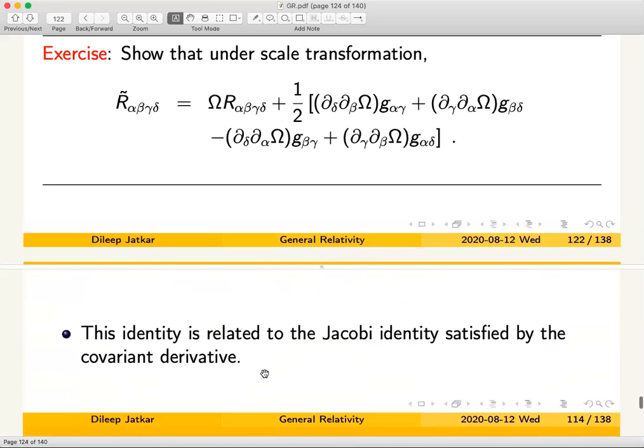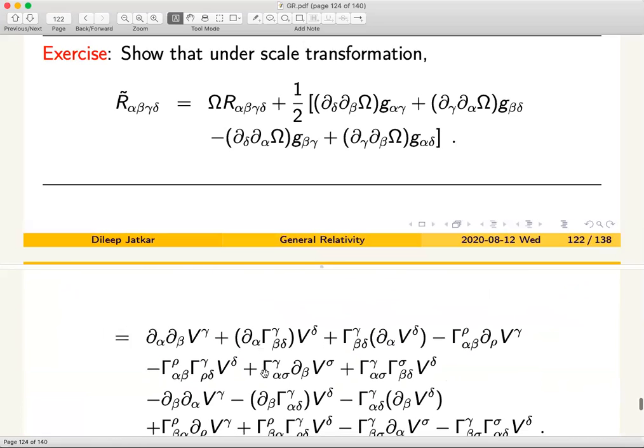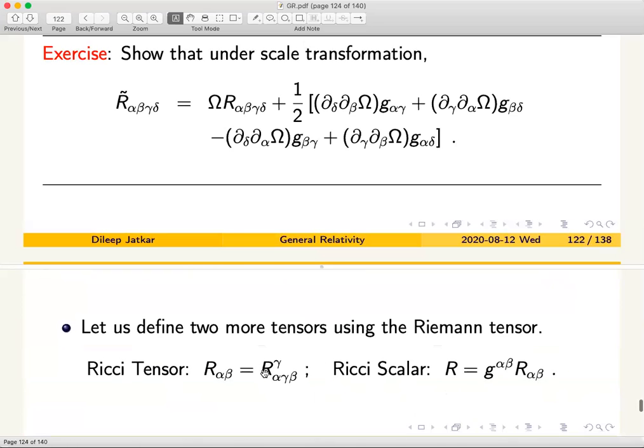So let's go down a little here. To get a Ricci tensor, you have to have one index upstairs for the Riemann tensor. To get one index upstairs, you have to multiply the covariant Riemann tensor by G inverse, the metric with two contravariant indices.